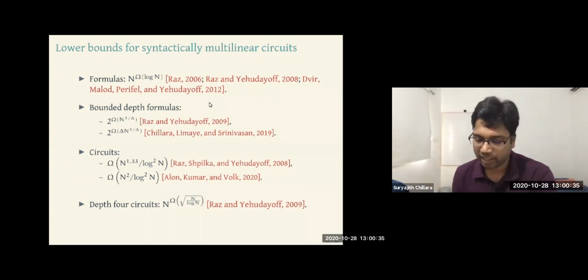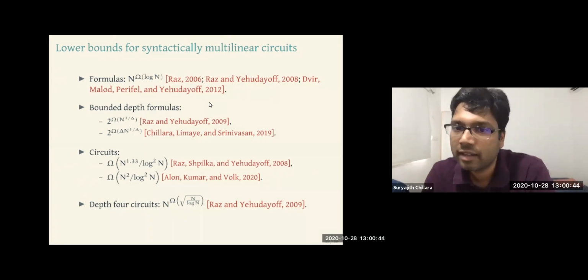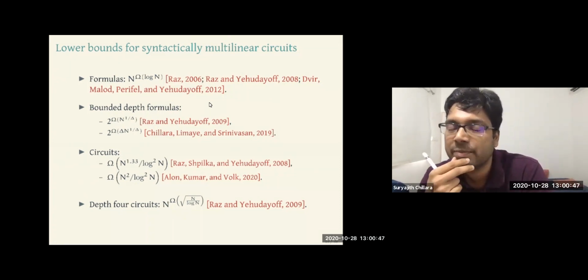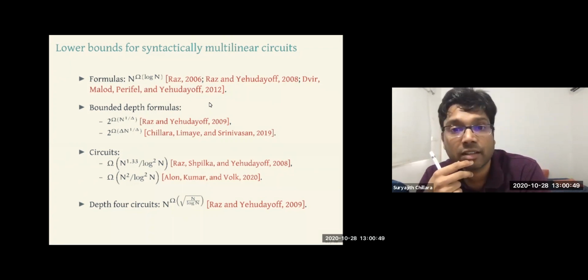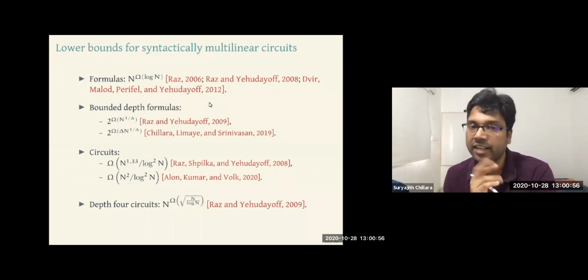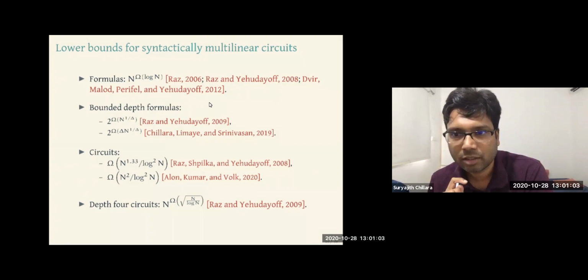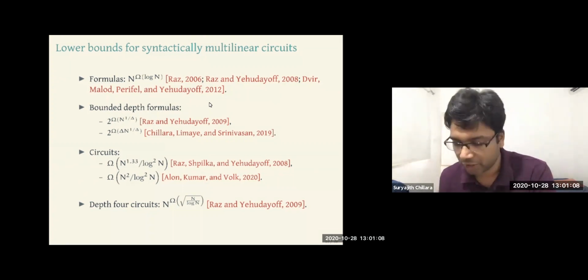I cannot say the same thing about circuits when I have barely polynomial lower bounds, but when you have superpolynomial lower bounds, for constant depth I can consider circuits and formulas to have roughly the same size because omega is in the exponent. So I cannot say that syntactic multilinearity and just multilinearity are the same for circuits, but for formulas, yes. That is clear? Moving on.